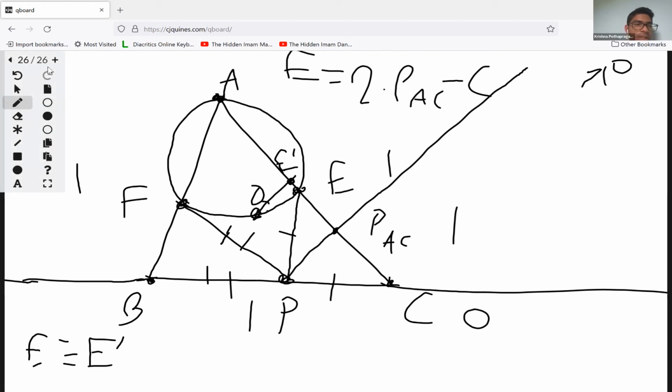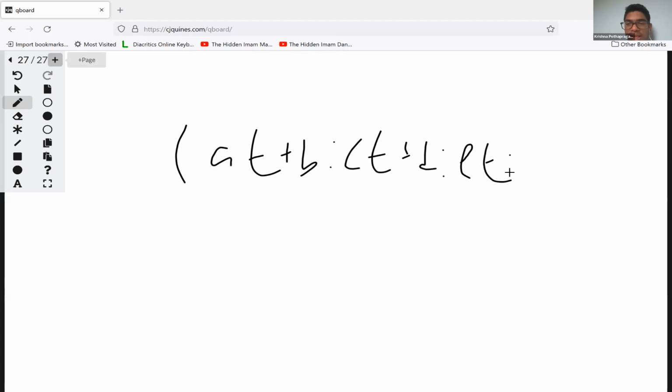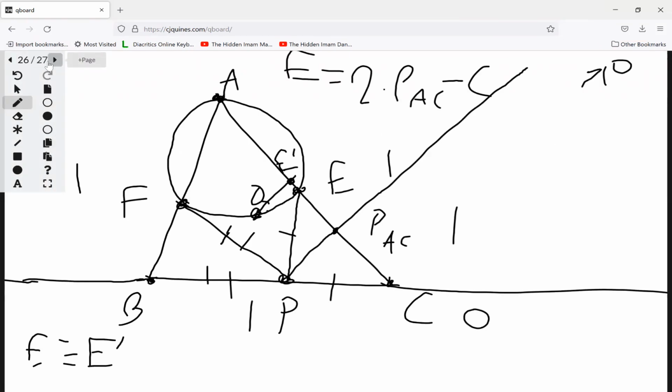Degree 1 is not necessarily linear, because if we have a representation like AT plus B, CT plus D, ET plus F, then this is degree 1 and lies on a line, but the movement is not linear.